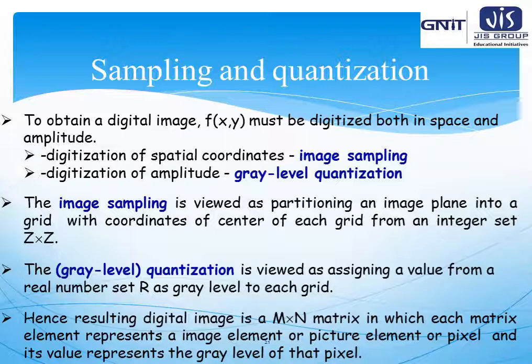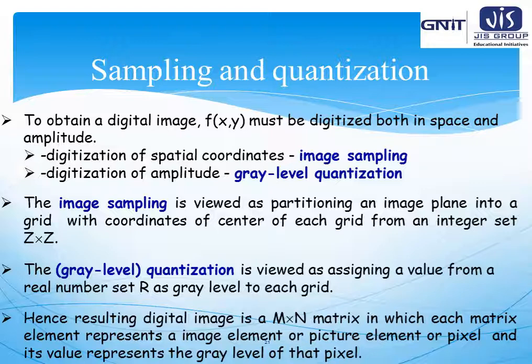So image sampling and gray level quantization is very important if we want to have an idea on digital image. The image sampling is viewed as partitioning an image plane into a grid with coordinates of center of each grid from an integer set Z cross Z.